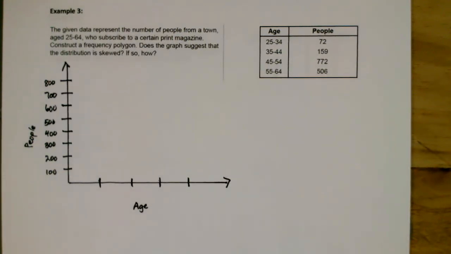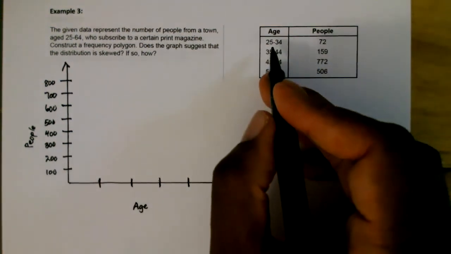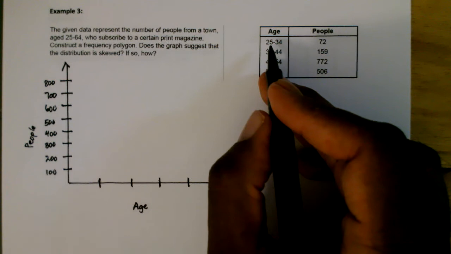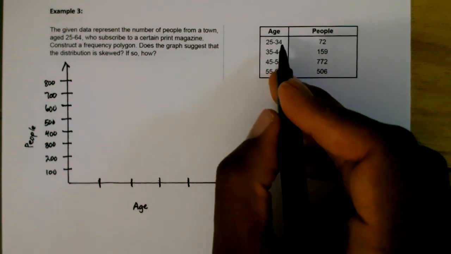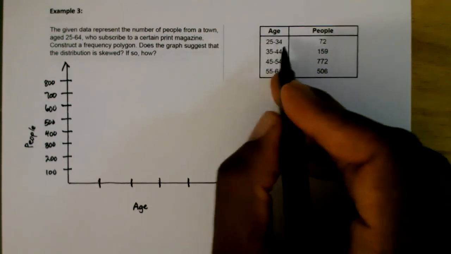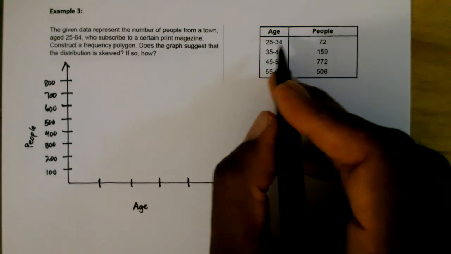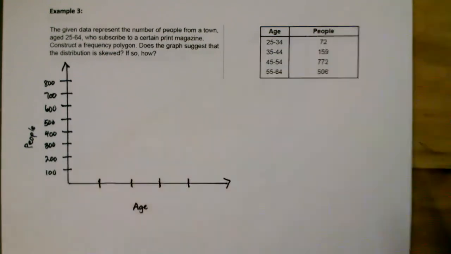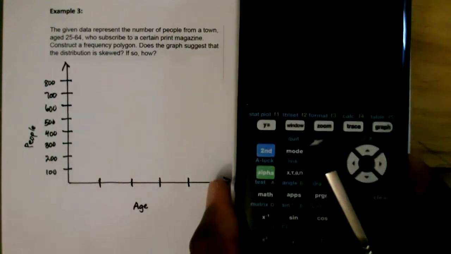Now we're going to use class midpoints. If you recall, when we do a class midpoint for each class, we add the lower class limit and the upper class limit together and divide by 2.